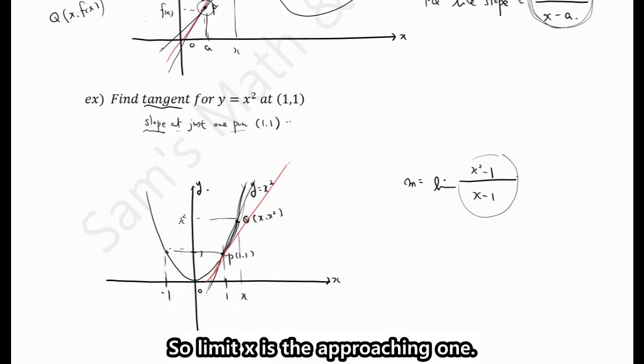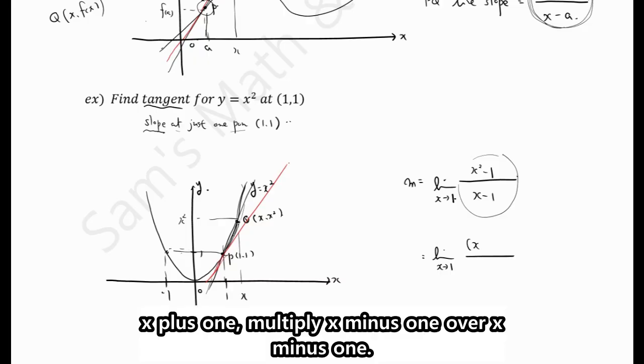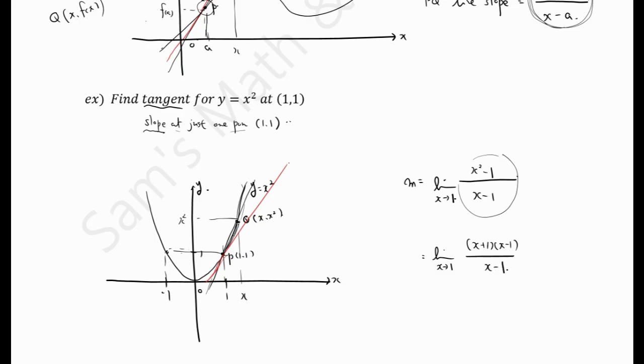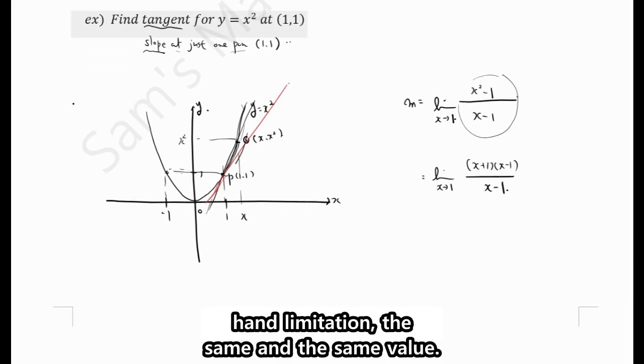So limit as x approaches 1 of (x plus 1) multiplied by (x minus 1) over (x minus 1). The right-hand limit and left-hand limit are the same value.